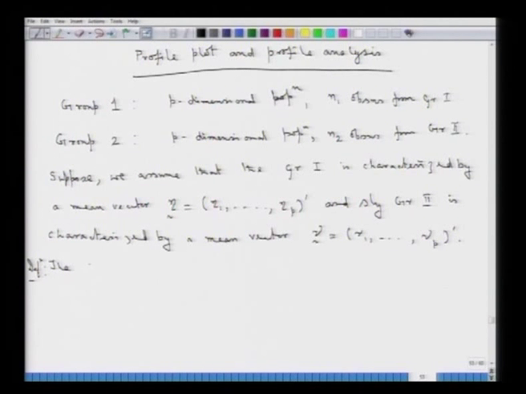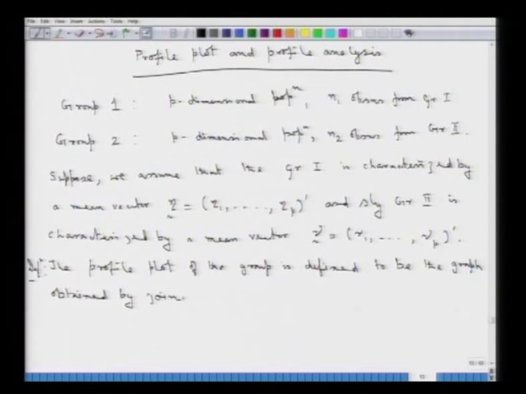The profile plot of the group is defined to be the graph obtained by joining the points (i, eta i) and (i plus 1, eta i plus 1), or similarly (i, nu i) and (i plus 1, nu i plus 1). So this is what is called the profile plot.